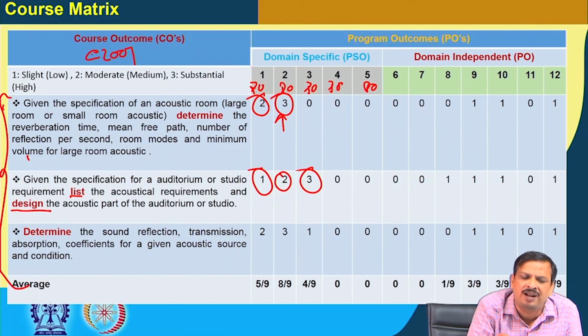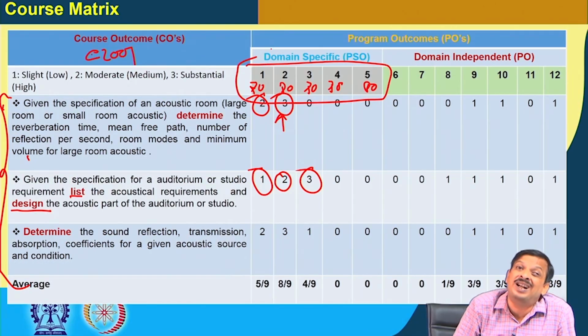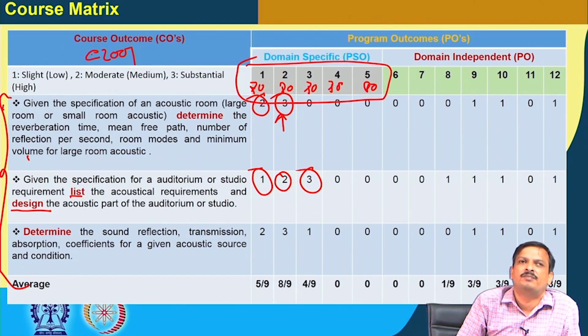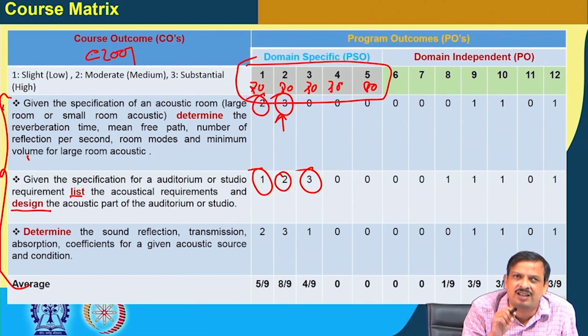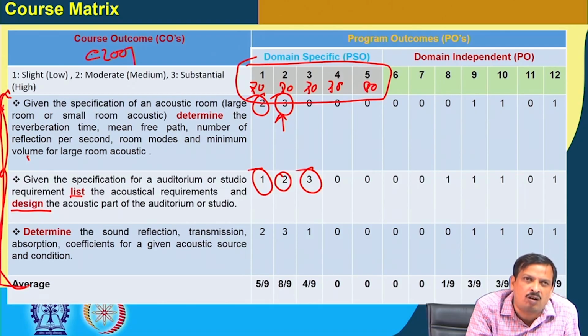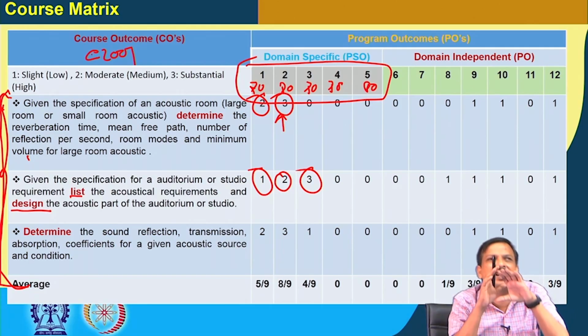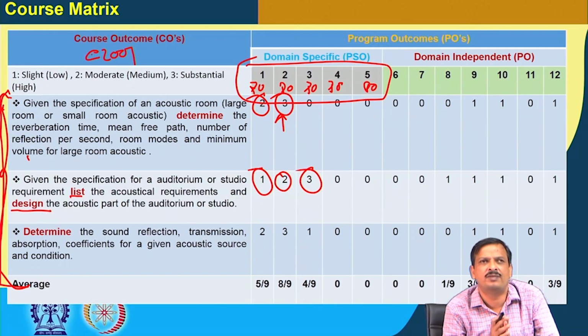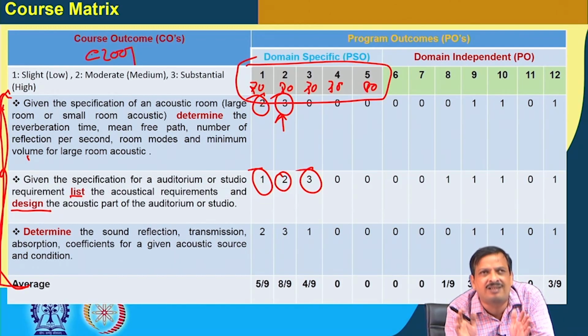Domain dependent PO can be directly matched, but domain independent PO is also matched. If I write down that this course will be taught using the teaching learning process which I have described, that this entire outcome based curricula will be given to the students. Students will be advised to come prepared in the class.